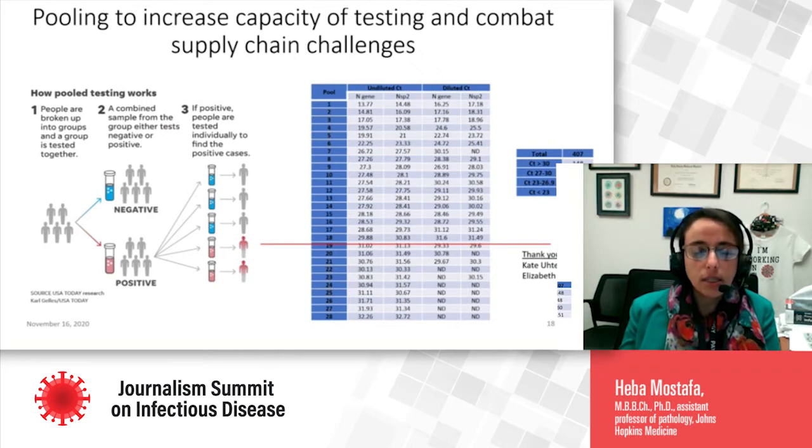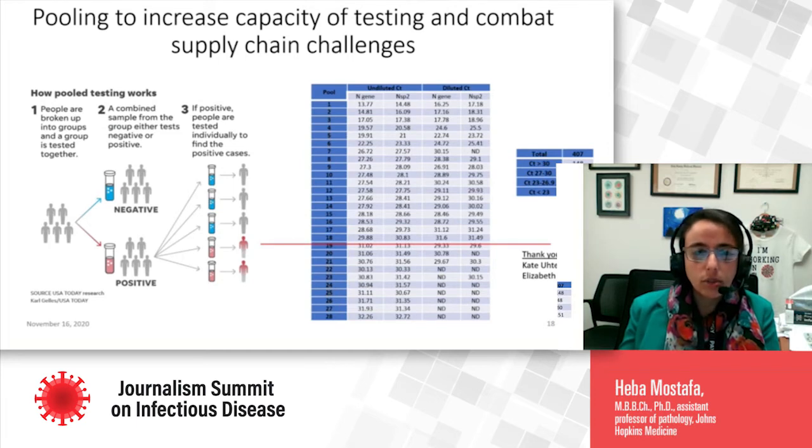On the right, in this table, you can see our own data from Hopkins, where we pooled 5 specimens and tested the individual specimens. This is 1 positive and 4 negatives to make pools of 5, in order to see how much sensitivity we can lose by this approach.